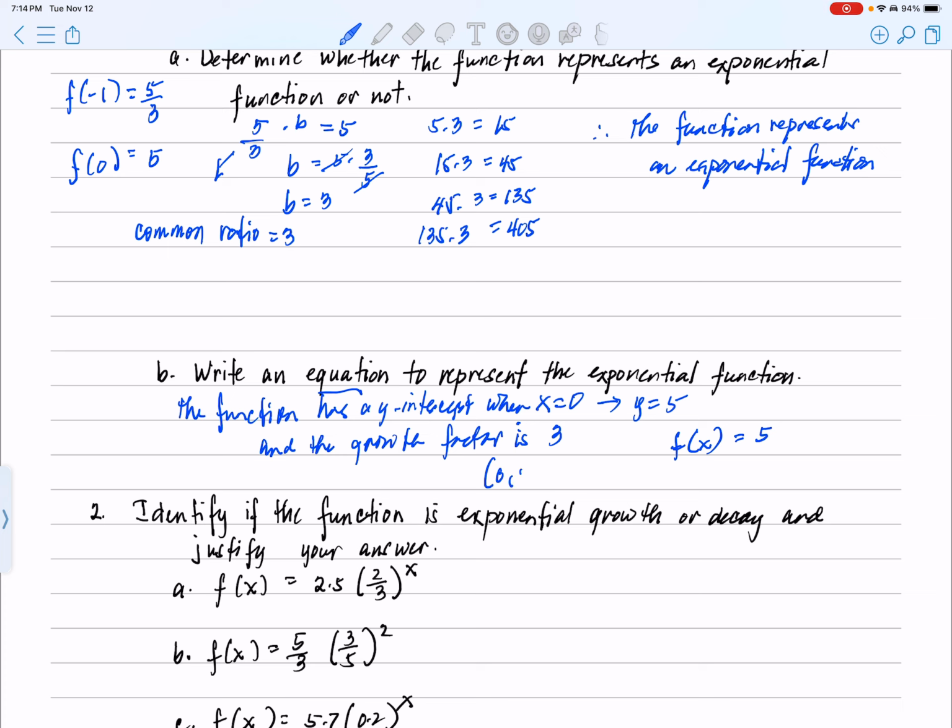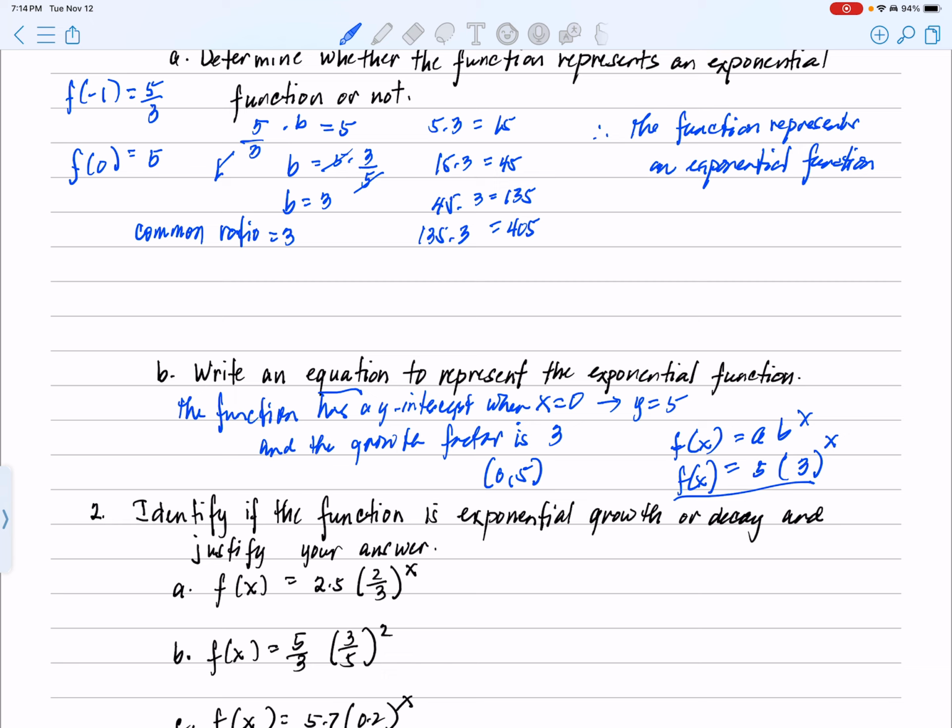So starting at 5 times, I'm going to write the formula a b to the power of x. So a is 5 and b is 3 to the power of x. This is the equation. All right?